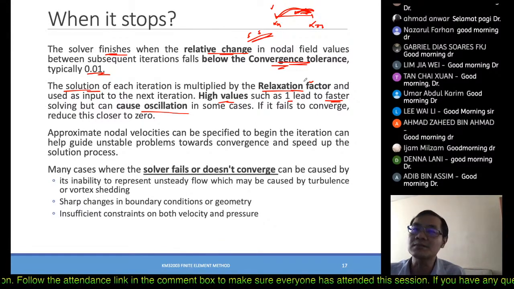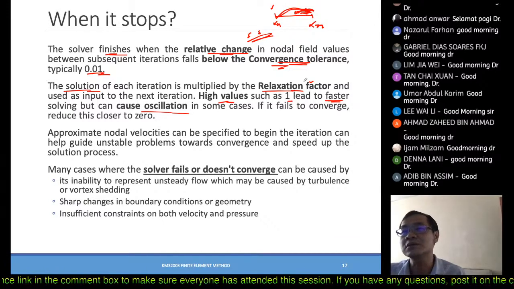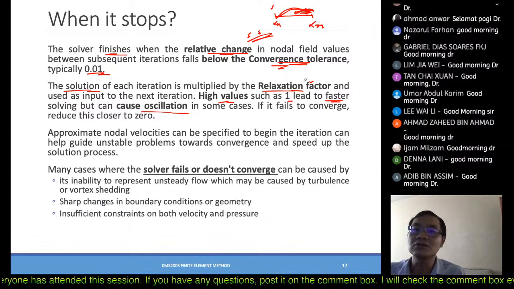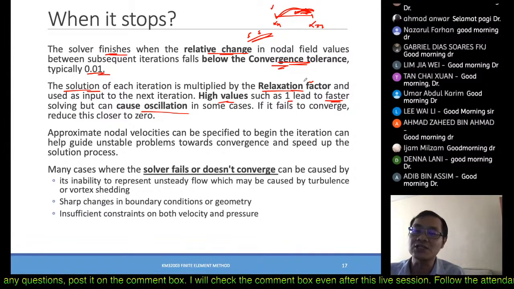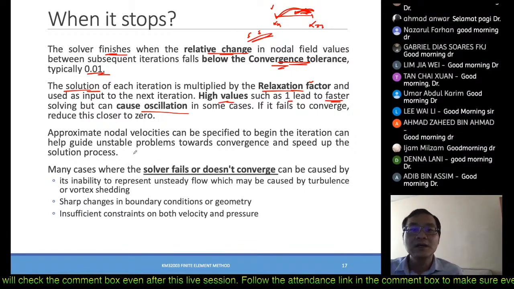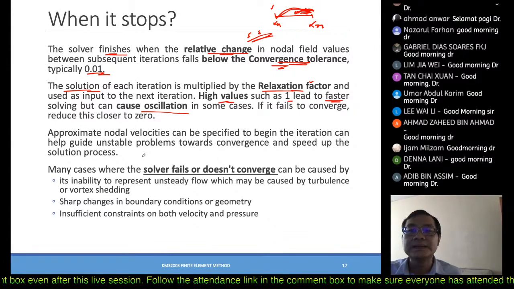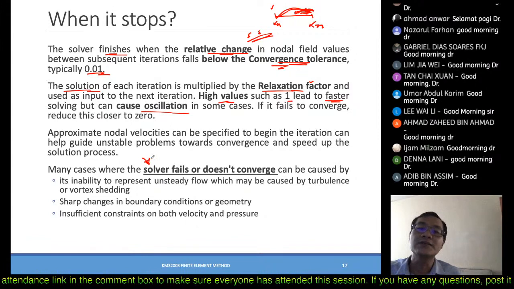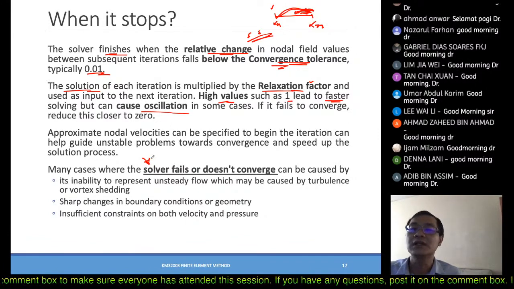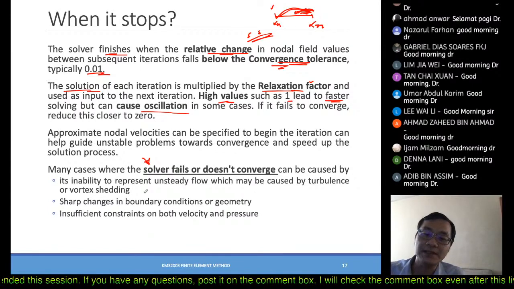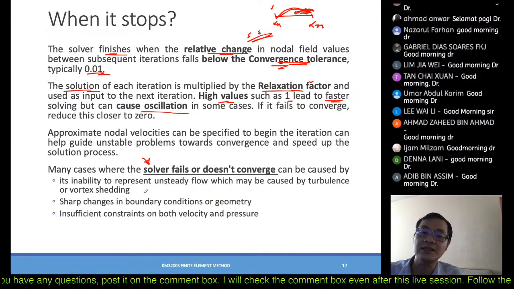So this menu is very important, because all the default values are set accordingly. From the menu itself, you know what factors or values you can change to improve your results. Also, in many cases when the solver fails to converge, this can be due to several factors. For example, instability due to unsteady flow.